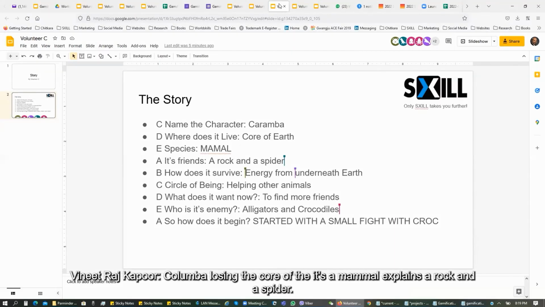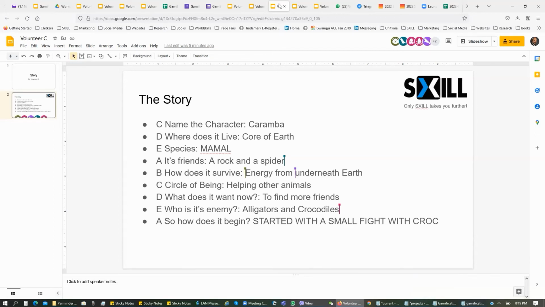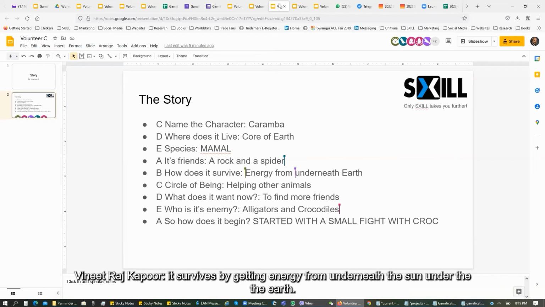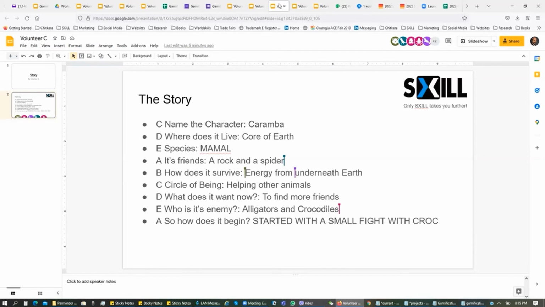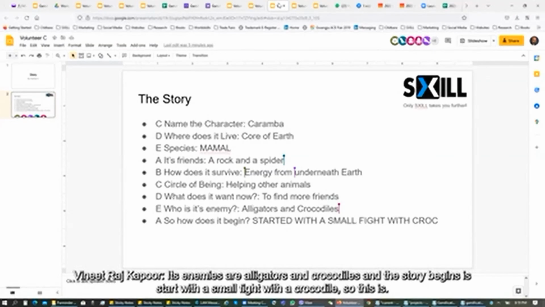Karamba lives in the core of the earth. It's a mammal. Its friends are rock and a spider. It survives by getting energy from underneath the earth. It helps other animals and it wants to find more friends now. Its enemies are alligators and crocodiles.